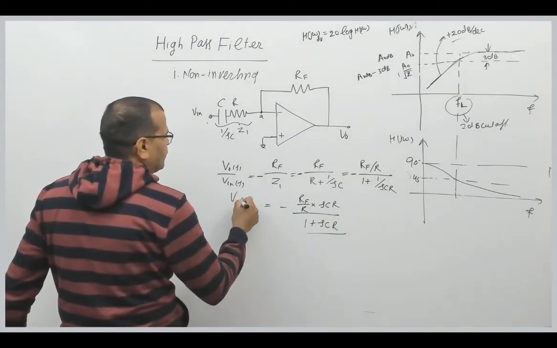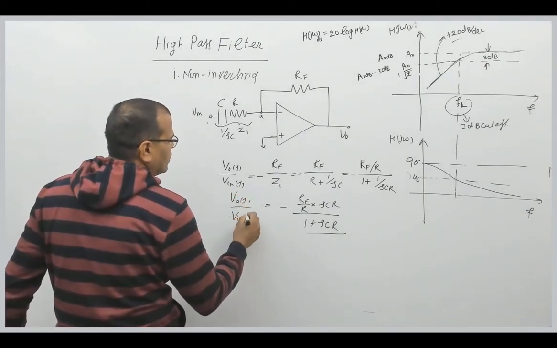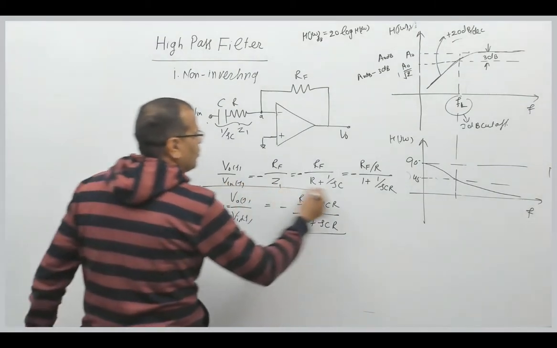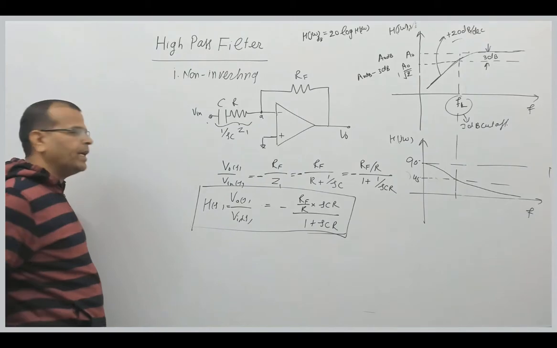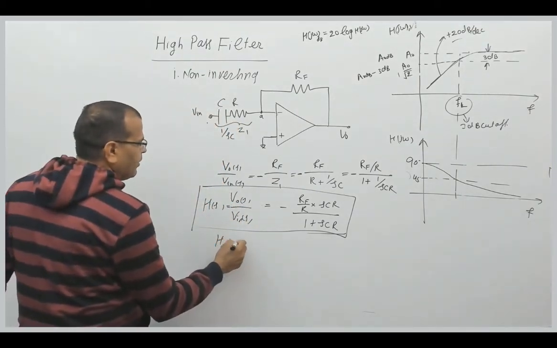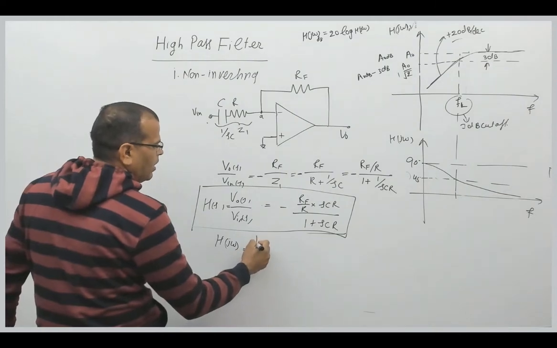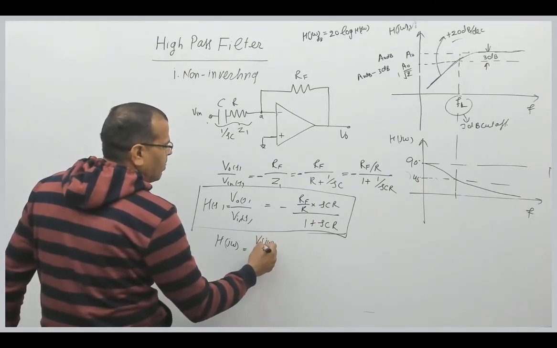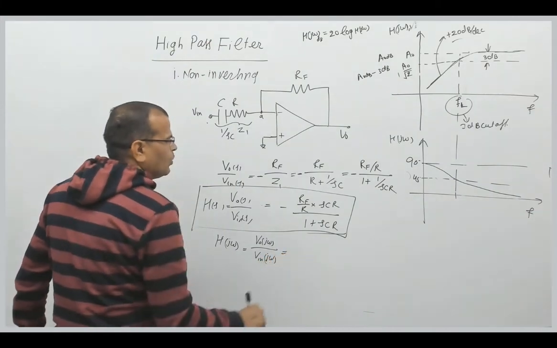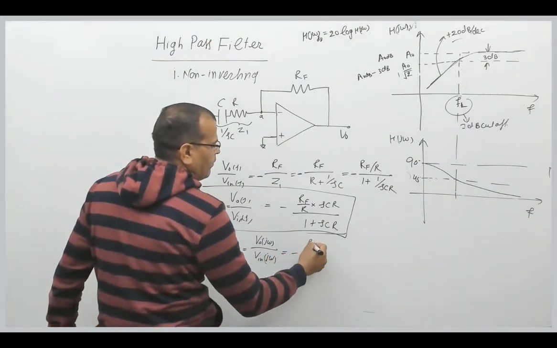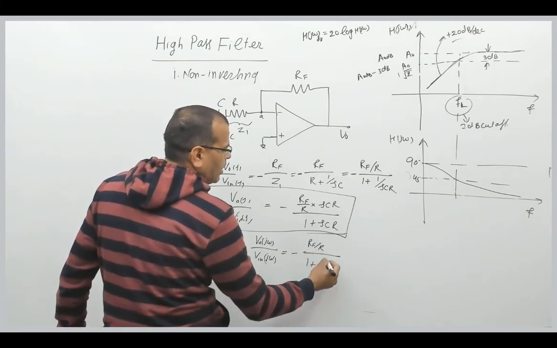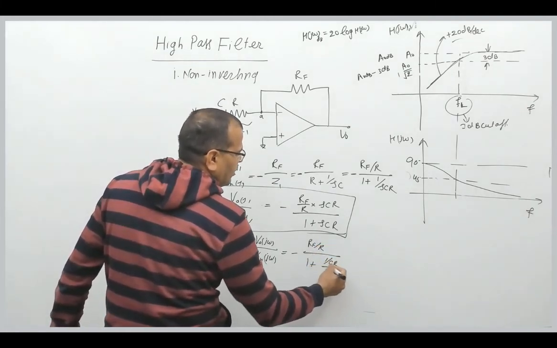If you talk about the transfer function of this filter, this is the transfer function for the inverting mode filter, right? You can take that transfer function or gain in frequency domain as well, that is V naught of j omega by V input of j omega, equal to minus RF by R divided by 1 plus 1 by CR into j omega.